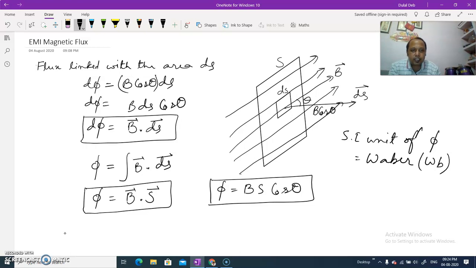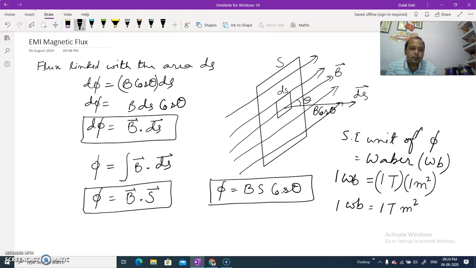So we can write 1 Weber is equal to, magnetic field can be considered as 1 Tesla into area, magnitude wise, 1 meter square. So 1 Weber can be written as 1 Tesla meter square.